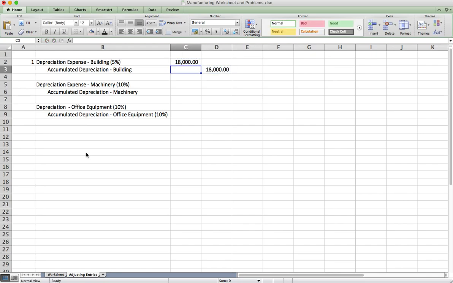Remember, class, itong building na ito, that is used in the daily operations of the company because that is the office premises. So, if we're going to classify this as an expense, this is not a factory overhead. Why po? Because you don't use your building directly in production. That is used generally.